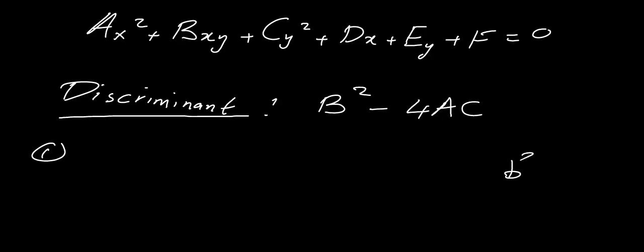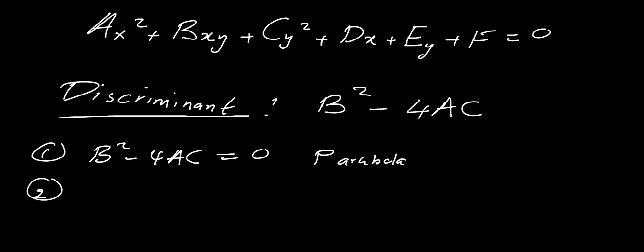That thing that is found in the square root in the quadratic formula, it's the same thing, just that here we're using capital letters. So now the value of the discriminant can tell you the conic section that we're dealing with. So whenever the discriminant B squared minus 4AC is equal to 0, it simply means that you're dealing with a parabola. So I'll just say P.